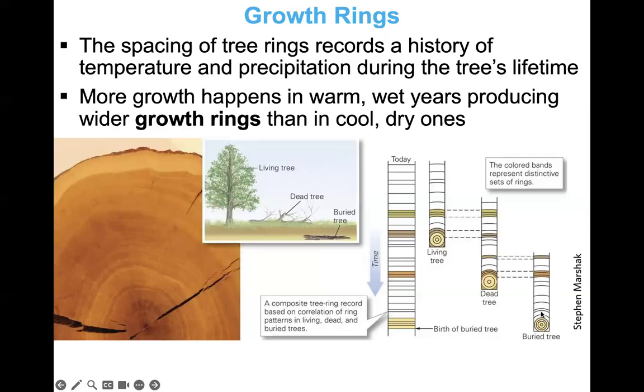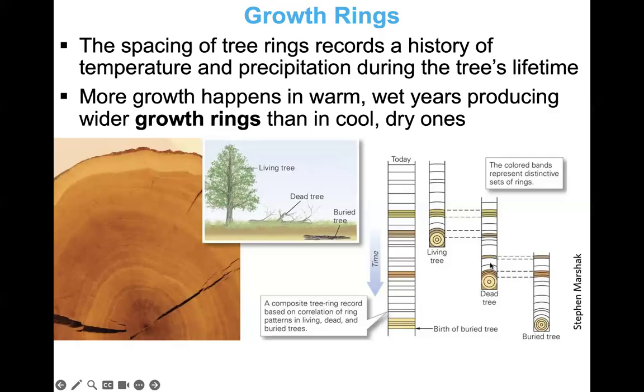And these rings correspond to different periods, wet for wider and dry for narrow. And we have the same thing for the dead tree. We have rings here. And what we do, we correlate the dead tree with the buried tree right here. And so this goes with this.